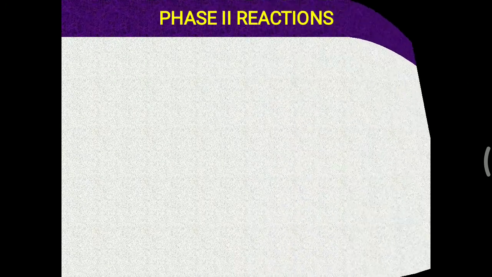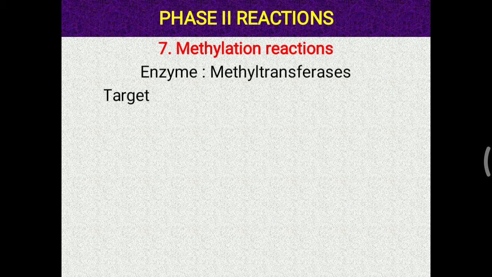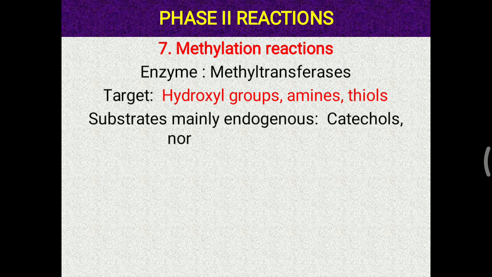Now further in this phase 2 reaction, there is the methylation reaction. The enzyme is methyl transferase, which transfers the methyl group, and the targets, hydroxyl groups, amines and thiols, are the main targets of the methylation reaction. The substrates are mainly endogenous catechol molecules, noradrenaline and histamine.